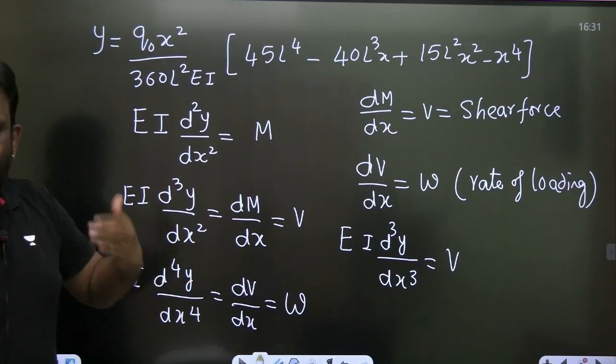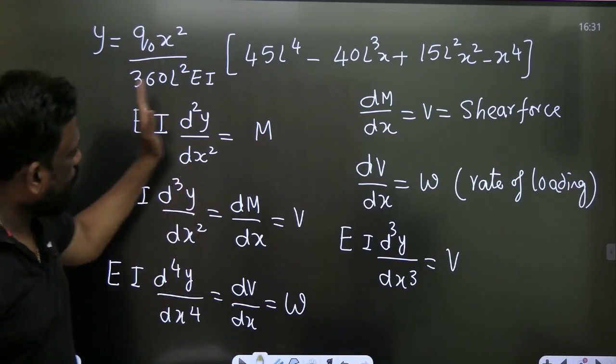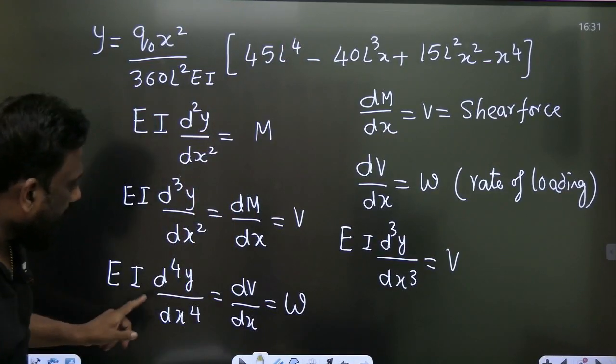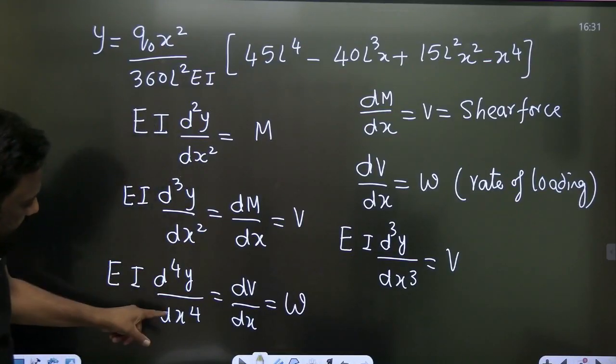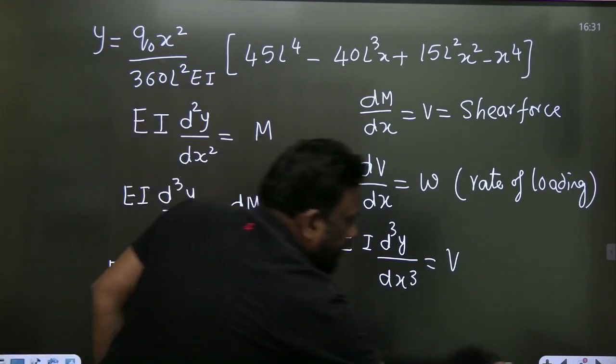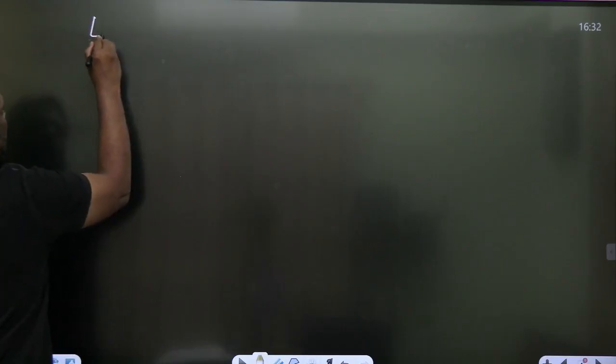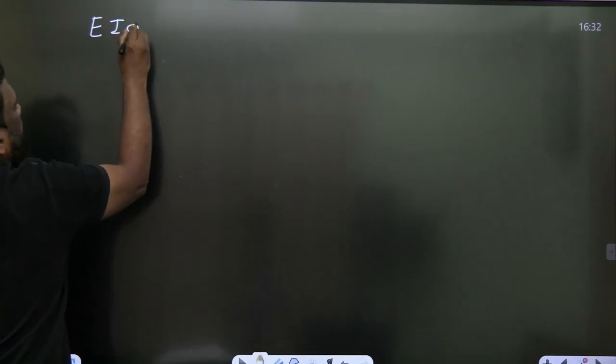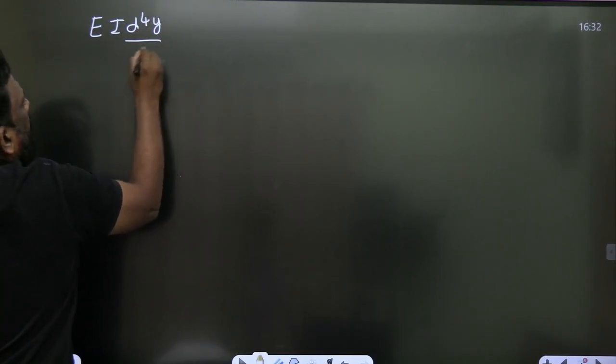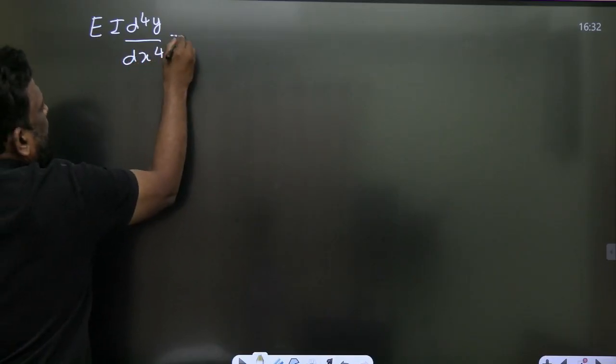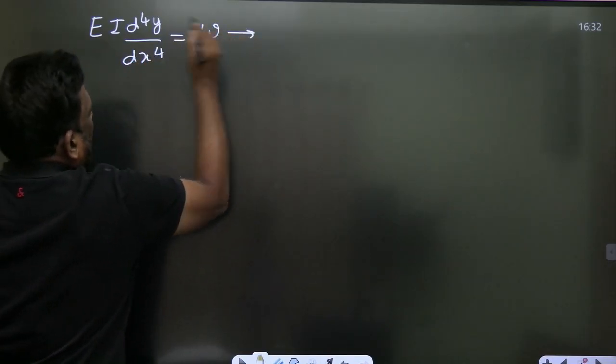First, second, third, fourth. Let us do that. So EI d4y by dx power 4 is rate of loading, that is intensity of loading.